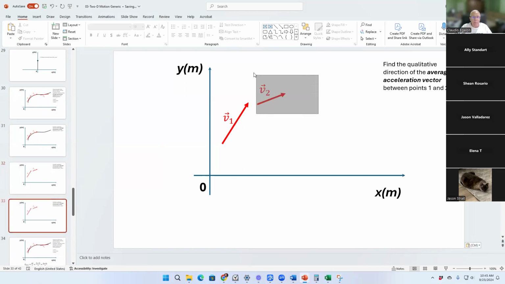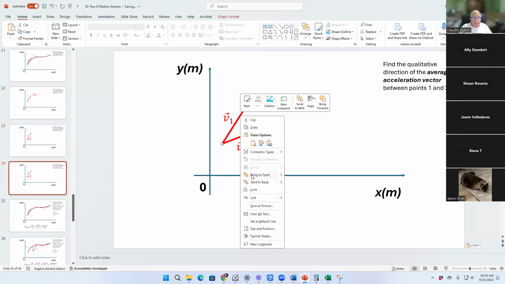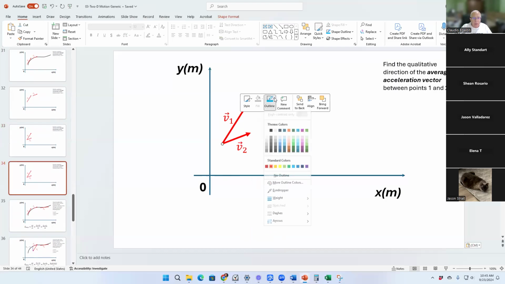And then initially I'm gonna put them tail to tail. This is still the v2 vector, right? And then, final velocity minus initial velocity, I have to invert the direction of this vector.